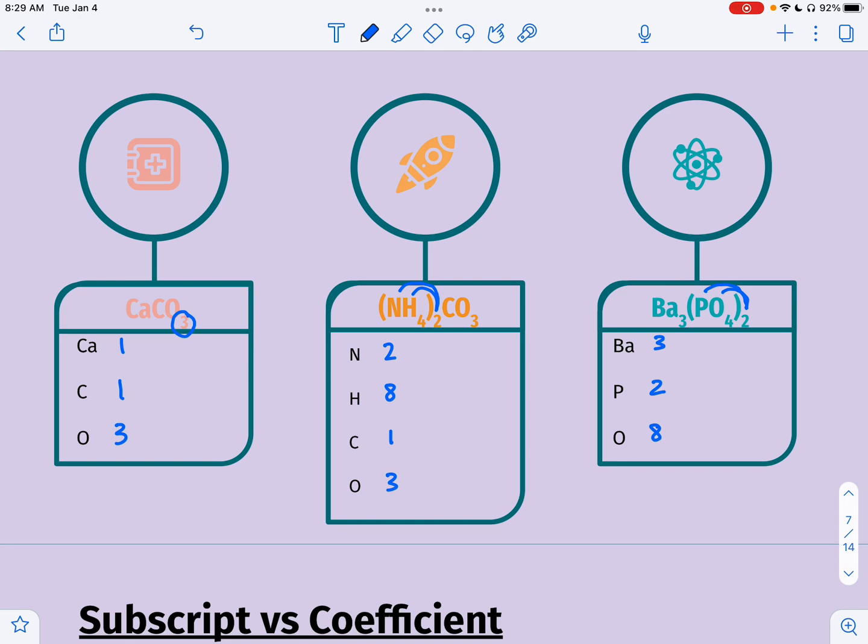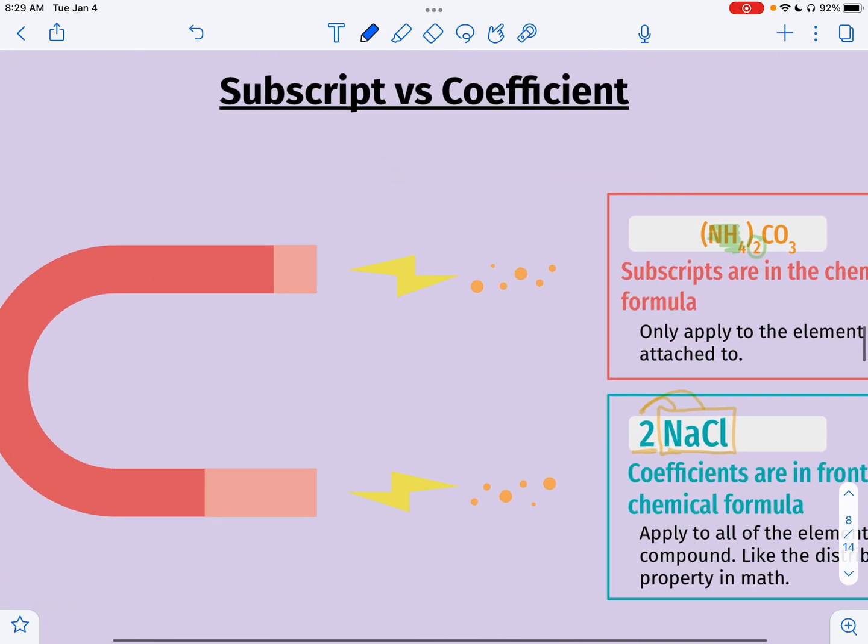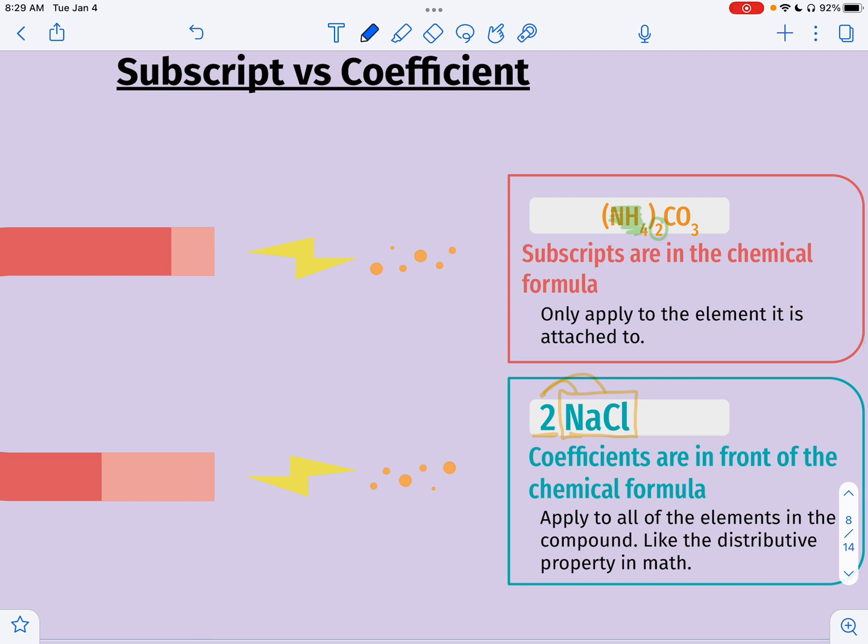Okay, welcome back. When we take a look at balancing equations, we're also going to be taking a close look at two different things. One is the subscript that I already talked about, and that, of course, is a small number like the 4, the 2, and the 3 that comes after the element in the chemical formula. And it's only applied to that element, or in the case of parentheses, only applied to the things inside the parentheses.